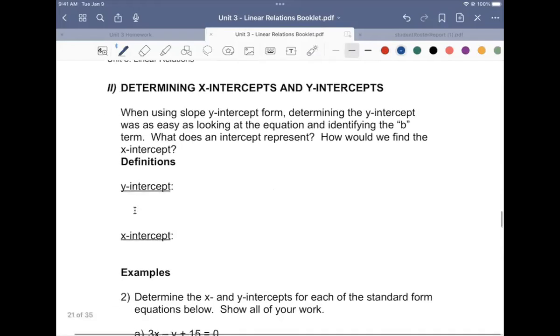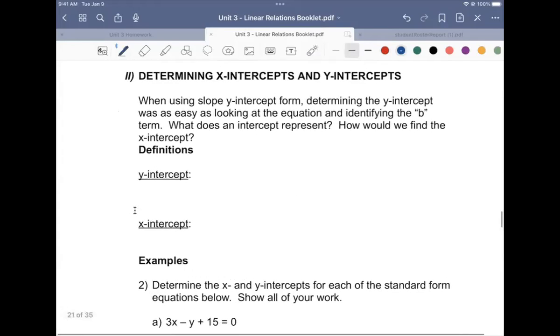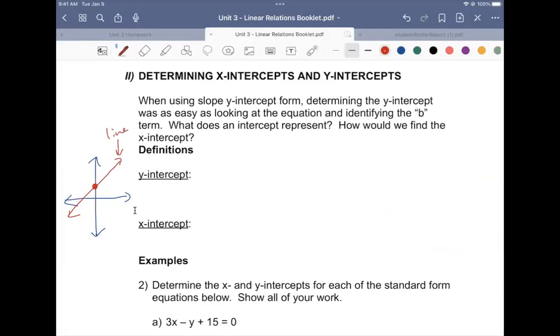One thing that you do want to keep in mind, we have talked about this a little bit already. I'm just going to draw out my Cartesian plane. Let's draw it this way. So when we are talking about our y-intercept, so this is my line. Remember, my y-intercept is the point it crosses the y-axis.